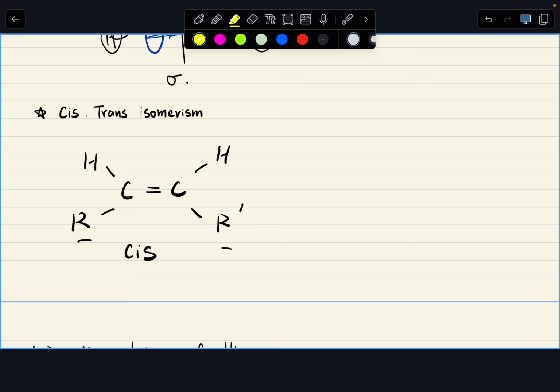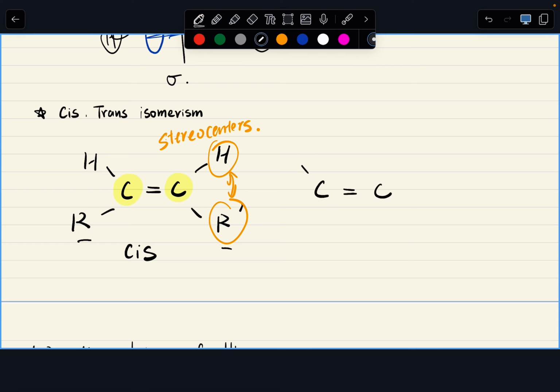And we went over that these carbon centers are stereocenters, meaning if I change the connectivity of the groups attached to my stereocenter, I'll be forming a different stereoisomer. So in this case, if I manually switch my carbon and R prime, we'll be forming a different stereoisomer, which is my trans isomer.